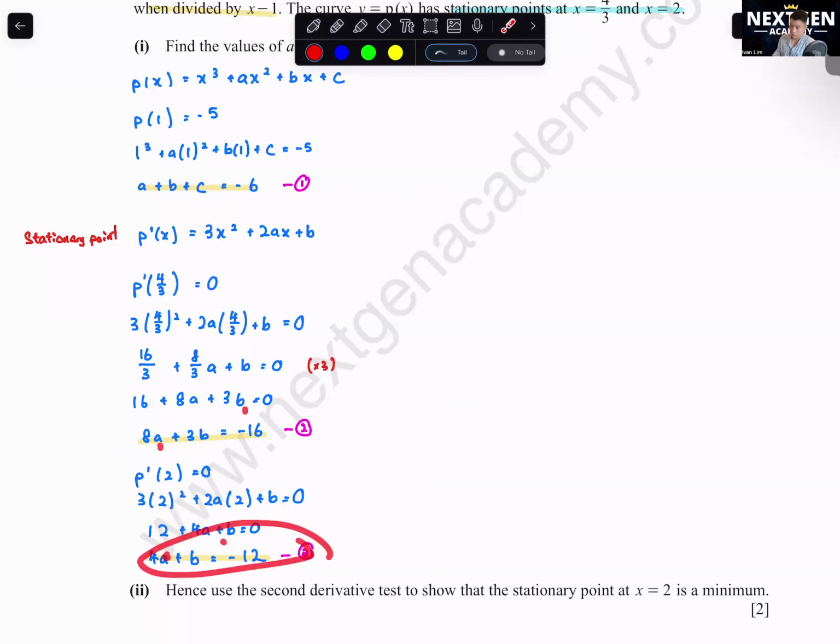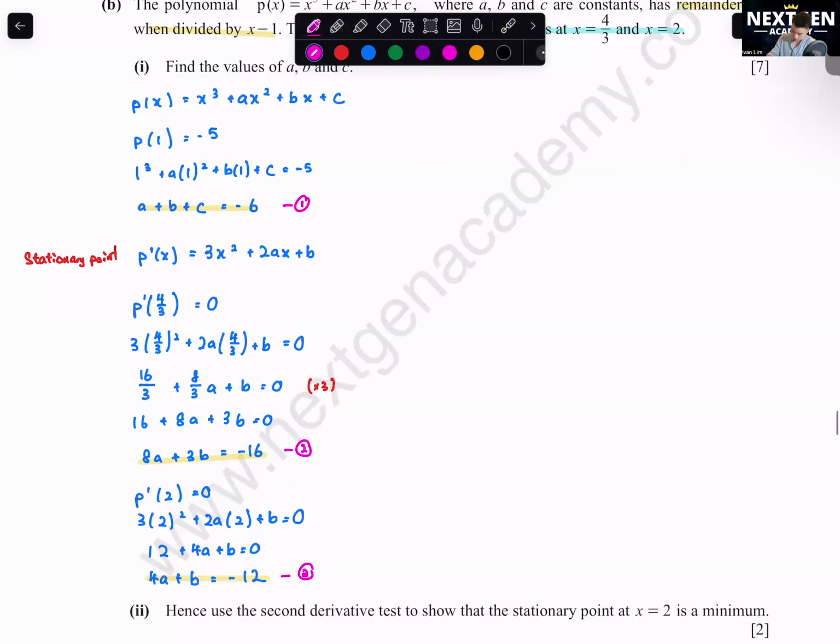So I'll take equation 3 multiplied by 2 first, which we will get 8a plus 2b equals -24. I am using equation 3 multiplied by 2. Let's call this equation 4.